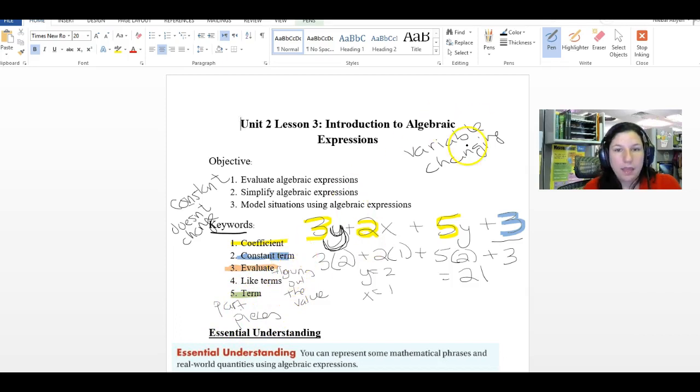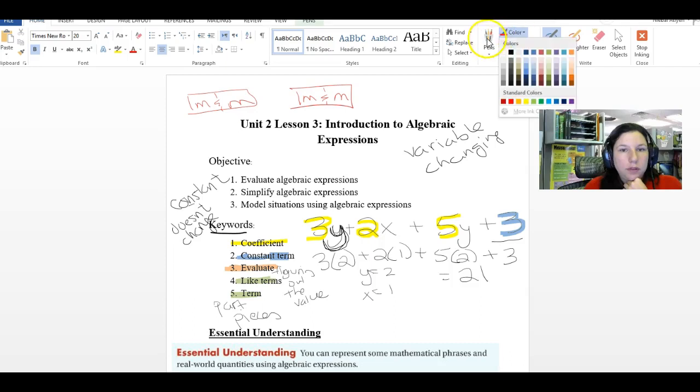And then when you're finding terms, you have to pay special attention to your like terms. So let's see, what's the best way to explain this? Let's say I'm bringing in snacks to my meeting, and I have 2 bags of M&Ms and 1 Snickers.